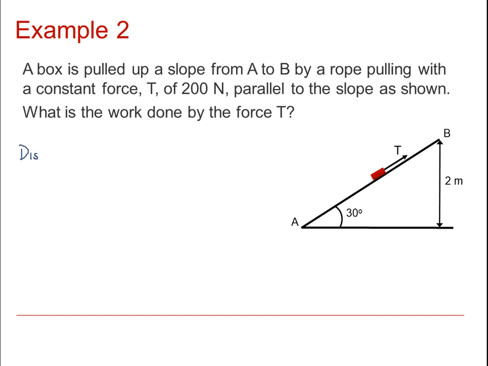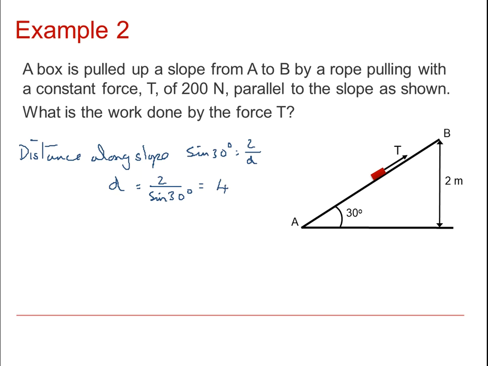The distance along the slope is given by the hypotenuse of the triangle. So we've got sine 30 degrees is equal to 2 over d, and therefore the distance d is equal to 2 over sine 30. Sine 30 degrees is a half, so therefore d is equal to 4 metres.